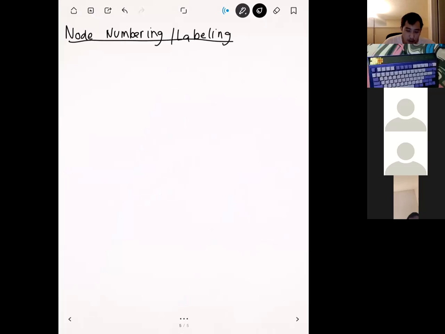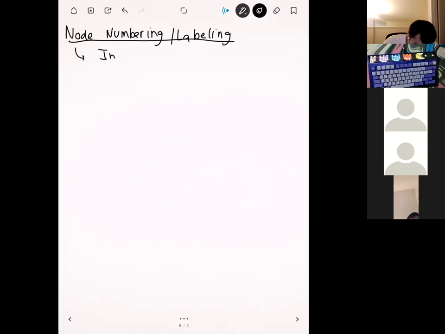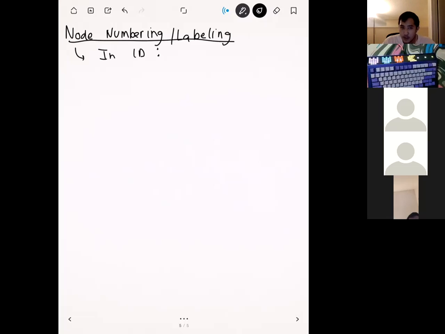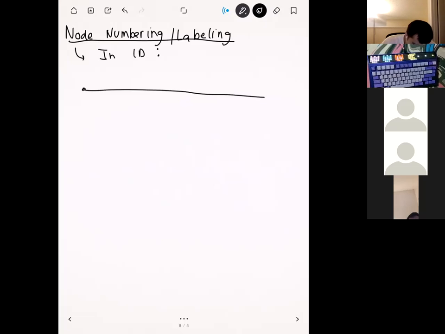In 1D, after we discretize a domain, each of the different nodes in our grid had a unique ID number. Let me draw a line like this. We labeled all the nodes such that they each had a number associated with them.